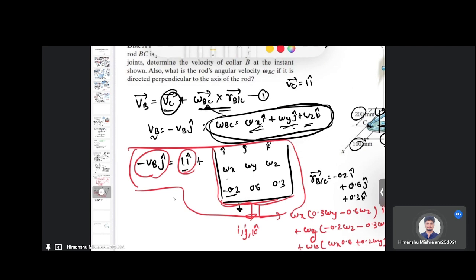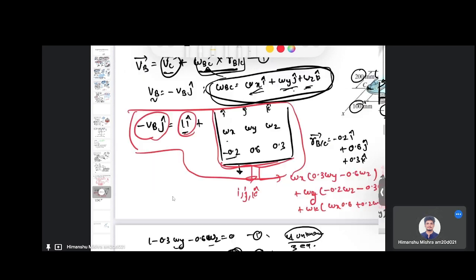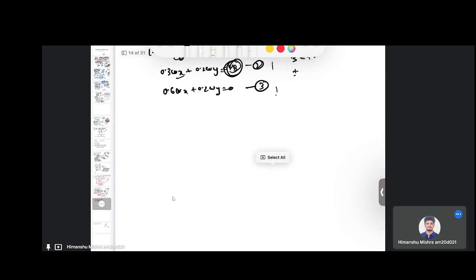So here you can see the omega BC is having a cross product with R_BC, the position vector B with respect to C. So this quantity having the cross product with this quantity is non-zero, right?